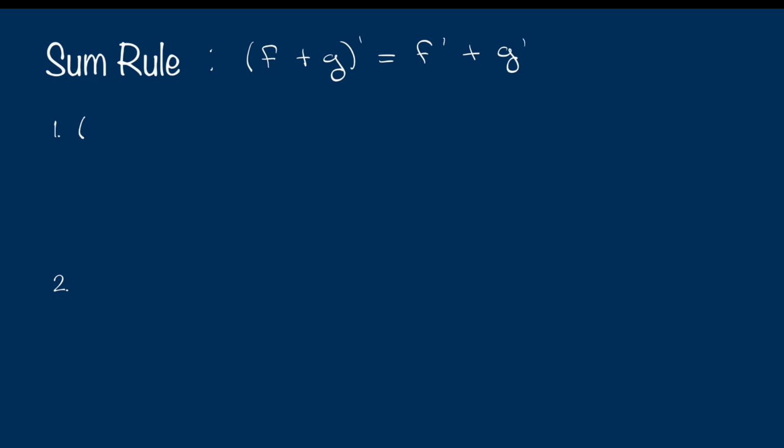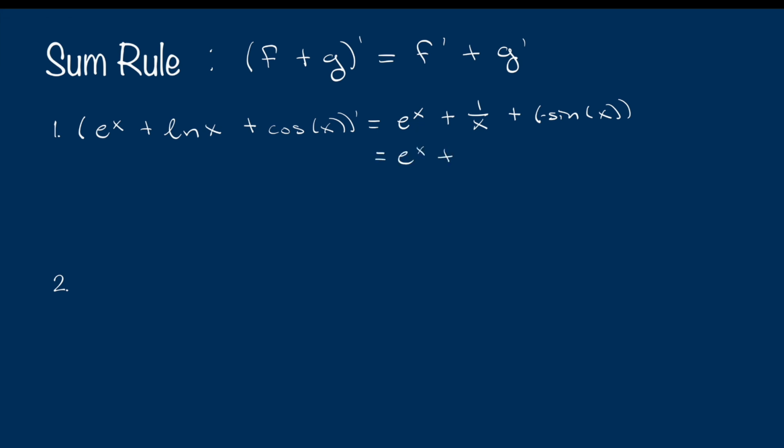So an example would be e to the x plus the natural log of x plus cosine x, and if we want the derivative of all of that, we know that e to the x, the derivative from our toolbox, is just e to the x, plus natural log, the derivative is 1 over x, plus the derivative of cosine is just negative sine x. So we have e to the x plus 1 over x minus sine x.